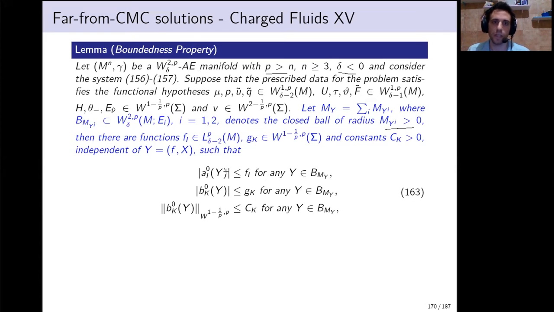The coefficients on the interior are bounded by some L^p_{delta-2} function, uniformly for any element y in this ball. And the coefficients on the boundary are also bounded by some function on this trace space, and their norm is bounded by certain constants. So this is the idea: we can get uniform bounds for any elements of our functional spaces as long as they are inside these fixed balls, where we fix the radii a priori.